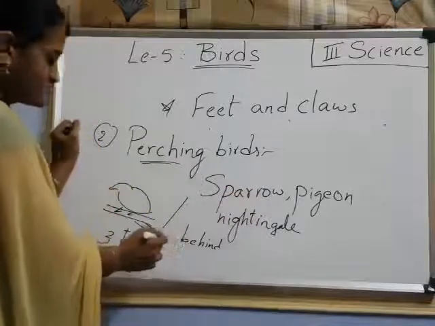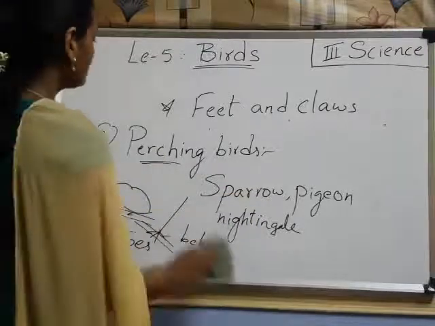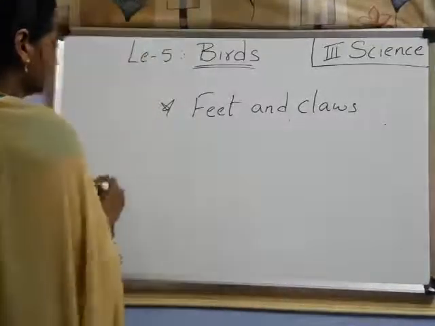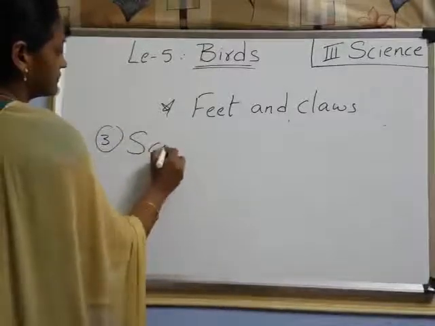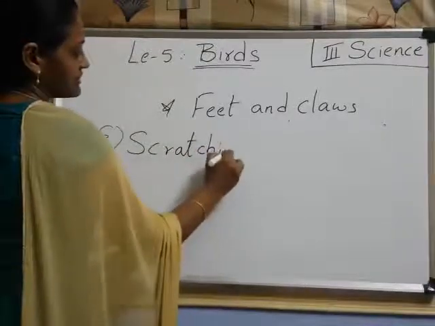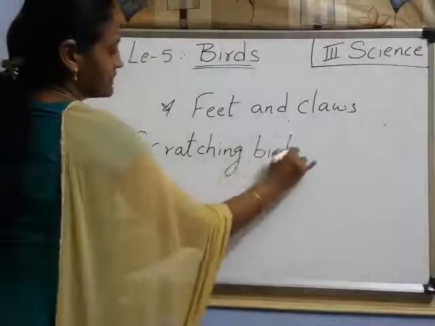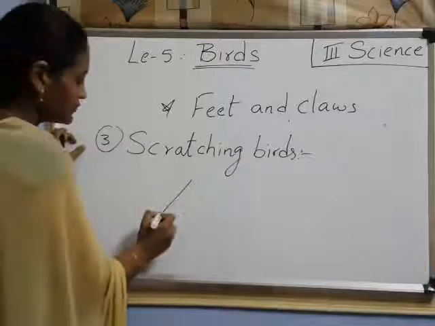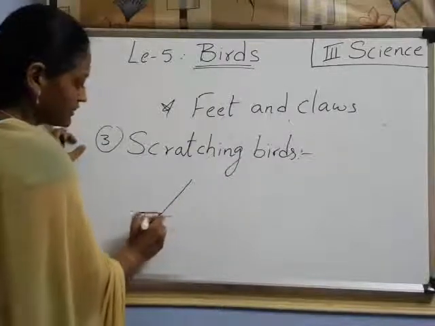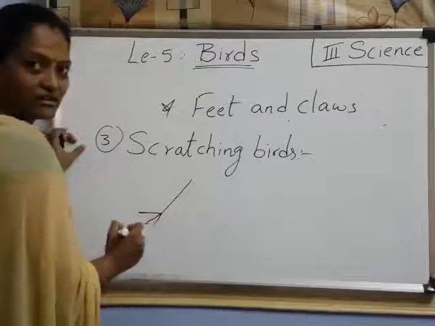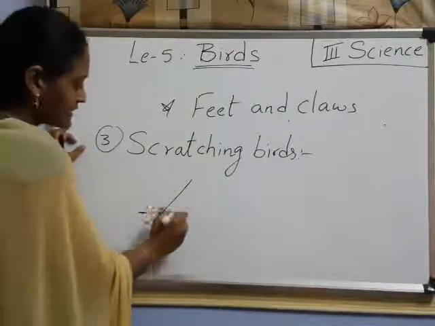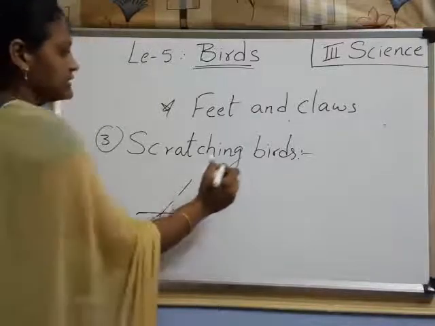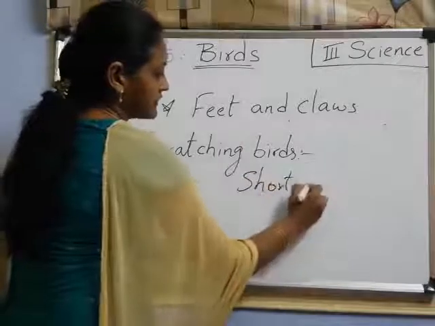Have you understood about this? Yes. Next, coming to the next one, scratching birds. Scratching, children, look here. These birds have feet with toes, 3 at the front and 1 at the back, like this, and short and hard claws.